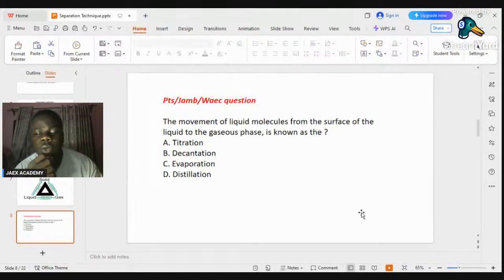So the question is saying, when liquid changes to gas, what is the name? Please comment. What is the name?